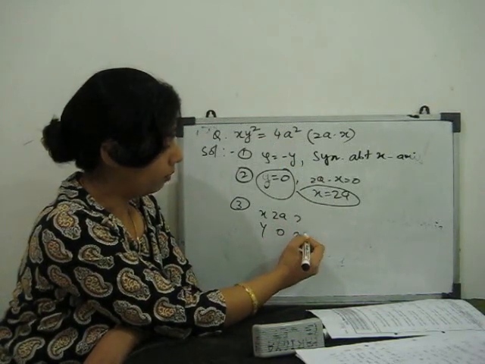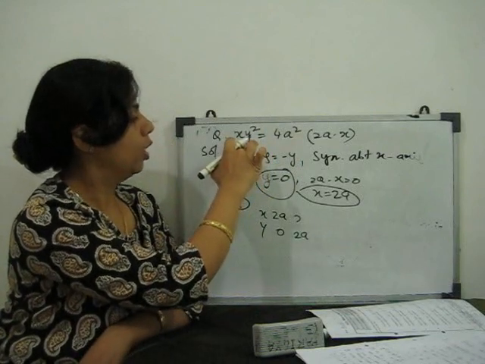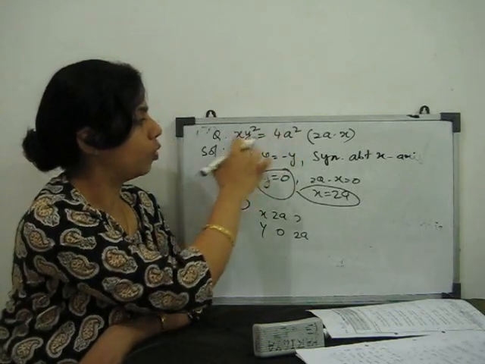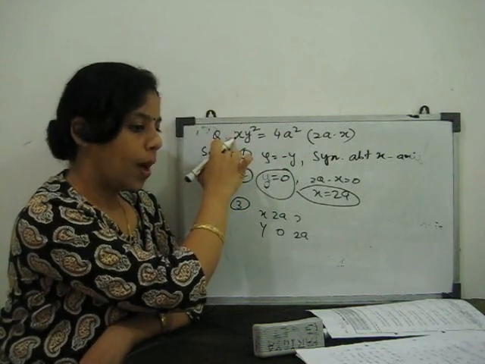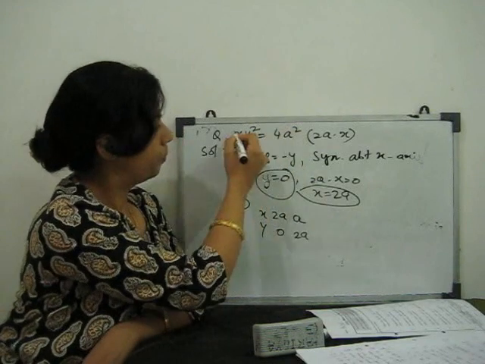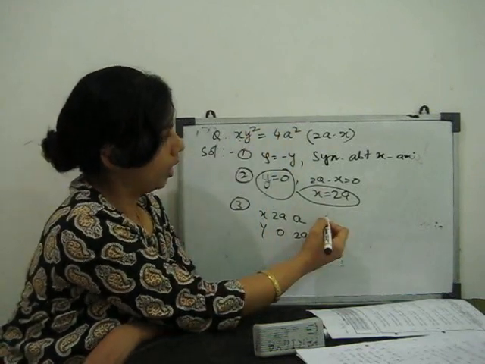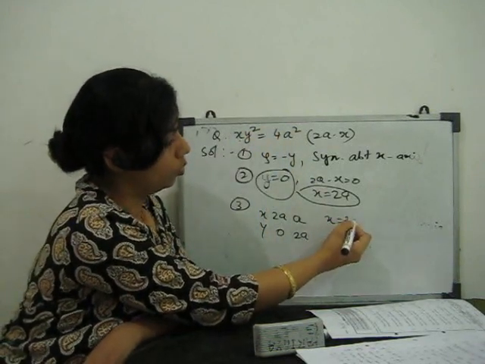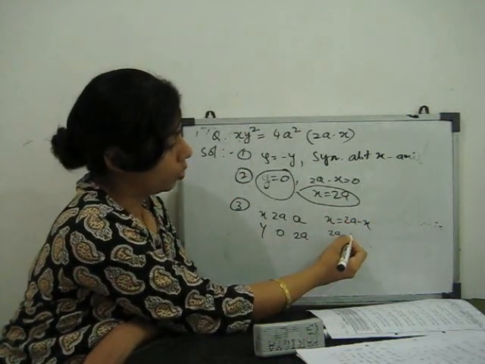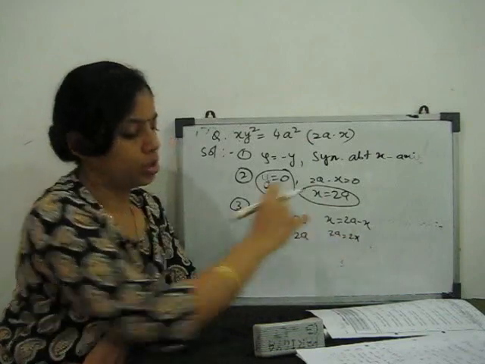If we put y equal to 2a here, 2a squared is 4a square, and the 4a square terms cancel. So x is equal to a. So x equal to 2a minus x, so 2a is equal to 2x, x is equal to a.